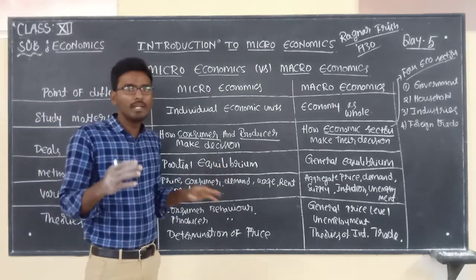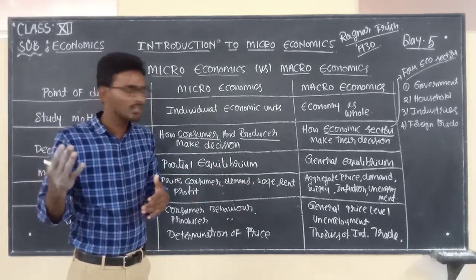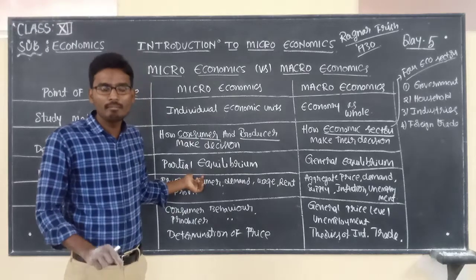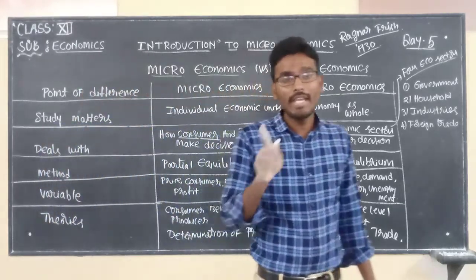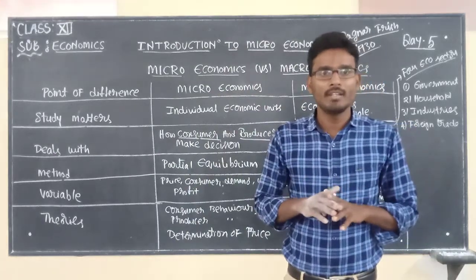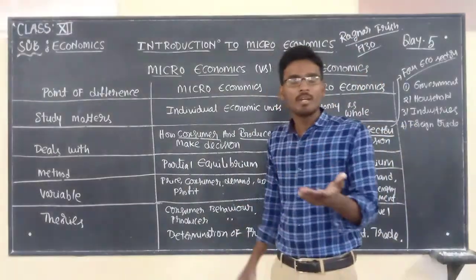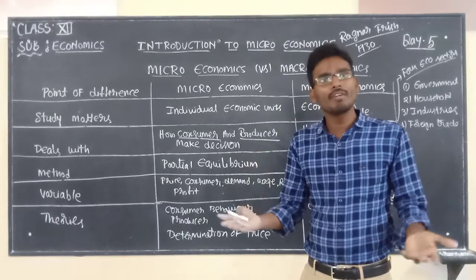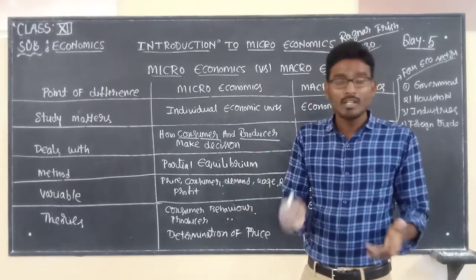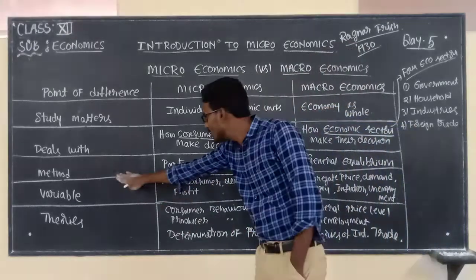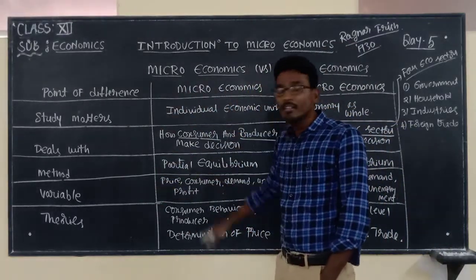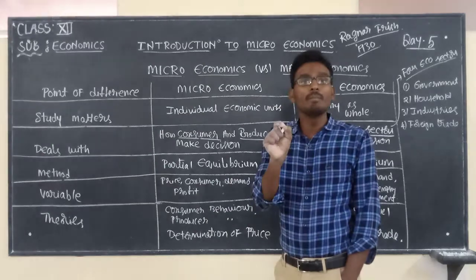Equilibrium, the meaning of that word you will come to know in the coming classes. So partial equilibrium means equilibrium in one market. Equilibrium is a position where the producer won't get any profit and won't get any loss. That point is known as equilibrium. Here in this method, microeconomics deals with partial equilibrium.